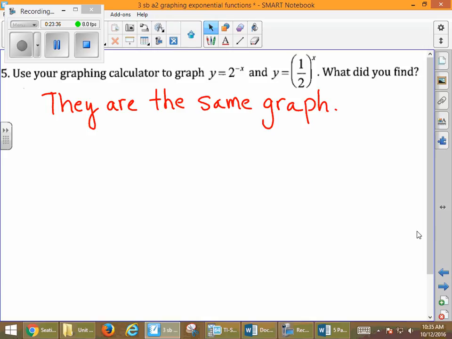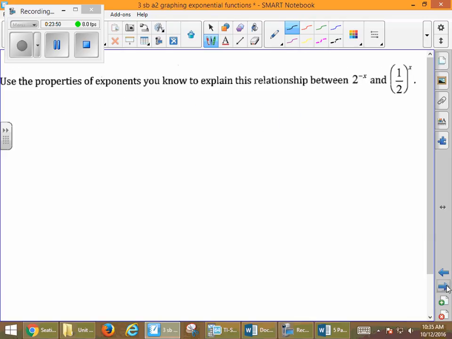So if we look at that, it says use the properties of exponents. Well, what we've got here is 2 to the negative x. I'll start with that. And we just said that these are the same thing. Well, remember how a negative exponent works. We take the reciprocal of the base, which is 1 over 2.